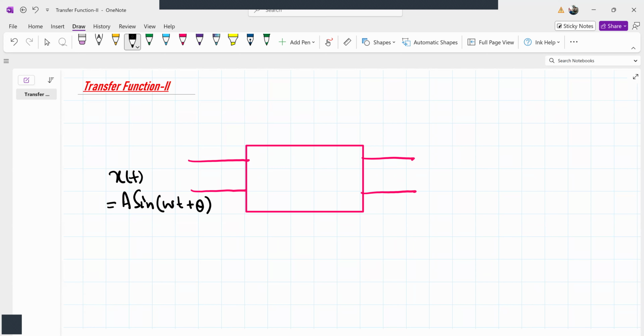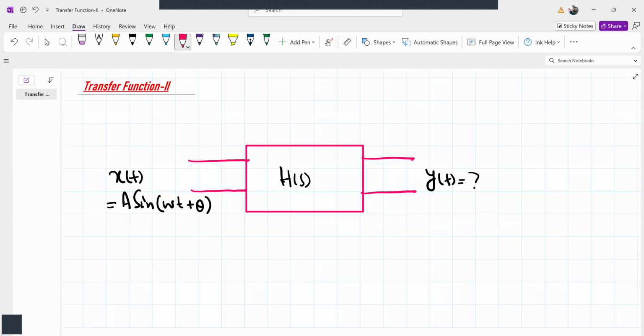Our goal is to find y of t given the transfer function h of s. Now we can write the output of this system or network directly from this transfer function.